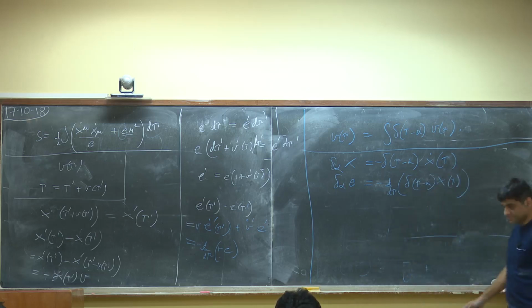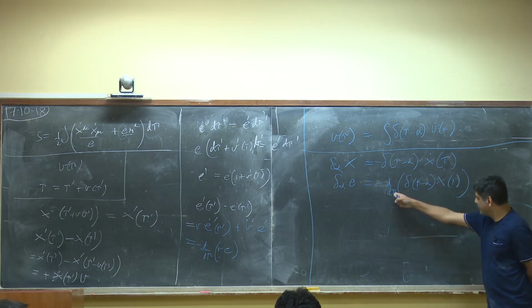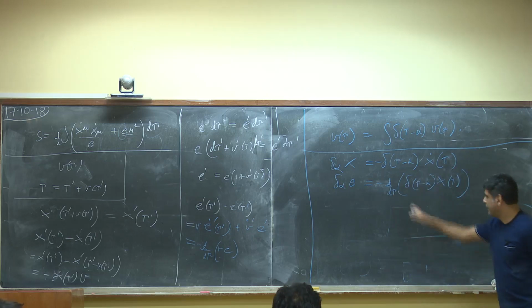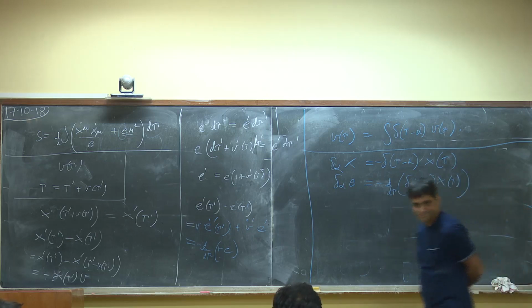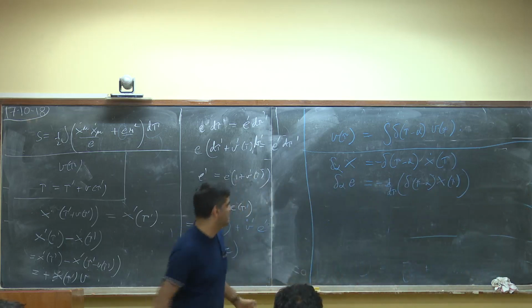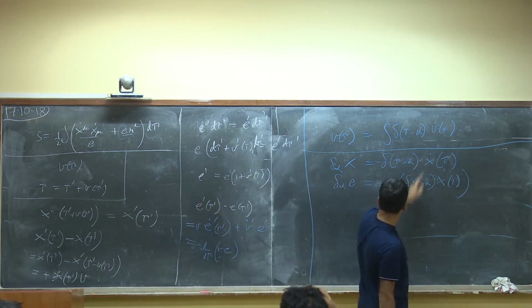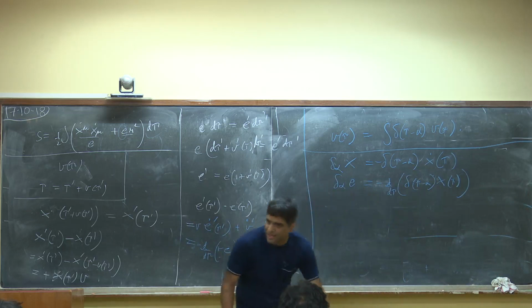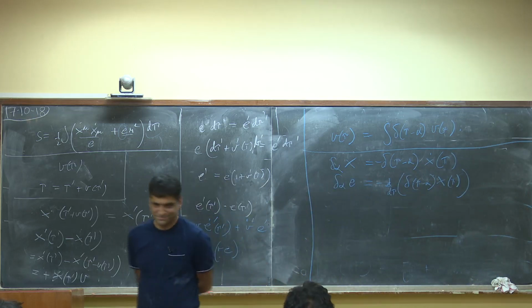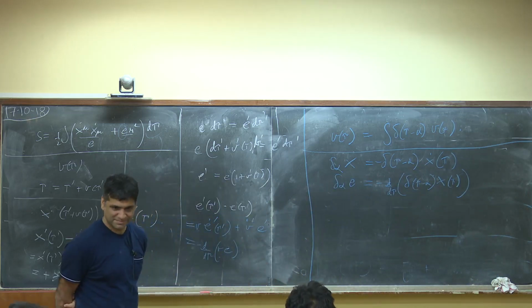So there will be two terms. One of them will go and hit this, and one of them will go and hit this. The one that goes and hits this will give a term that's very similar to this. The one that goes and hits this will give you a derivative of delta function. Is this clear?